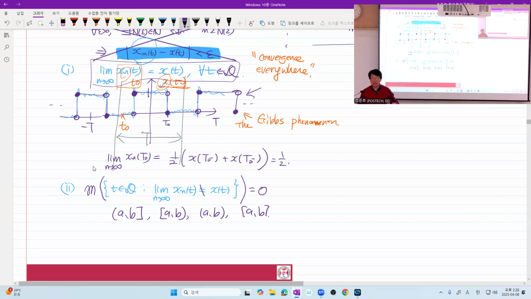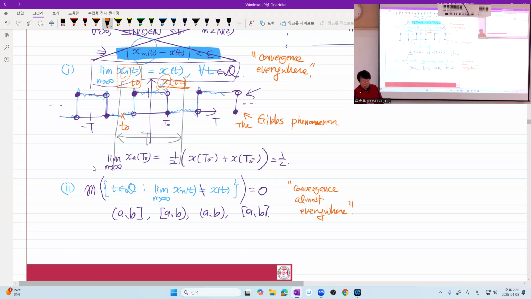Similarly, it's not exact, but similarly, if the set where the sequence of functions does not converge to our target limit function has length 0 or measure 0, then we say it's okay. And we call this what? Convergence almost everywhere. Got it?